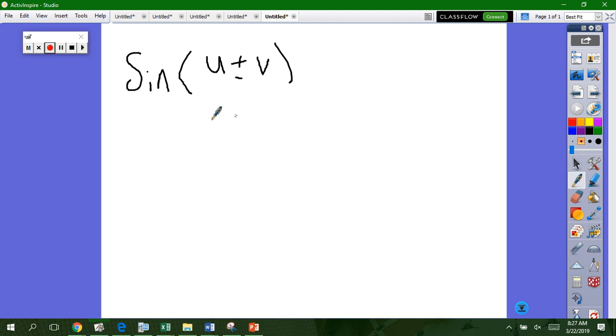So here's sine. Sine is equal to sine of u cosine v, plus sine v cosine u.